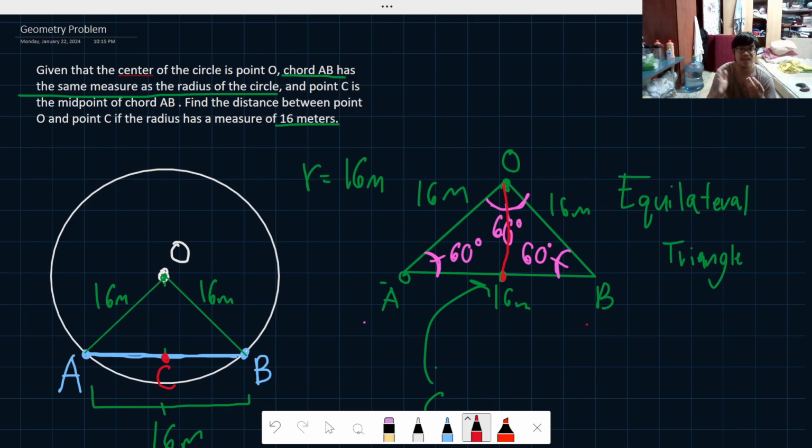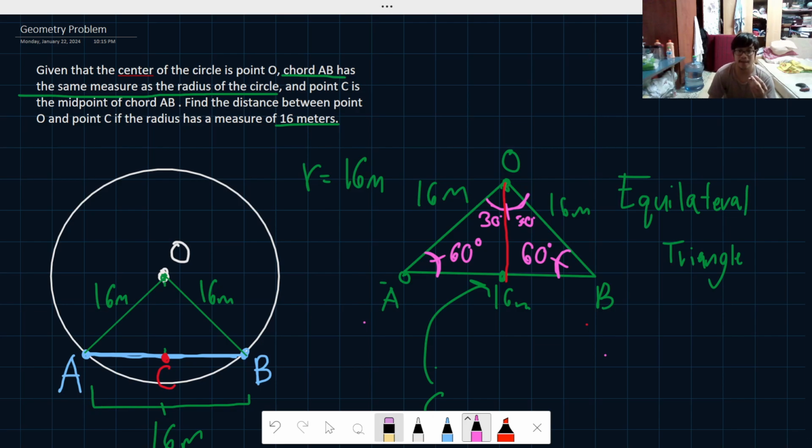All right. So what happens if it is cut in half? This 60 degrees will be divided by 2, in which we will have 30 degrees on each side. So we will have 30 degrees here and 30 degrees here. That's it.